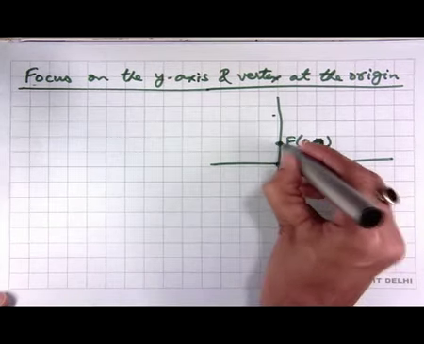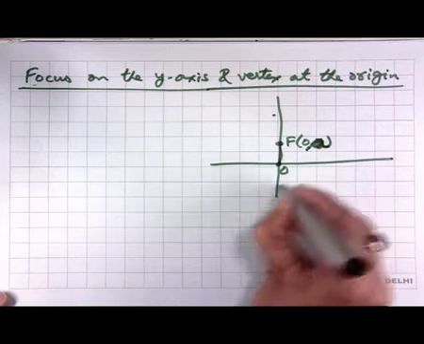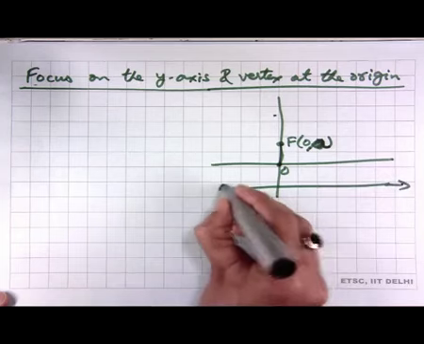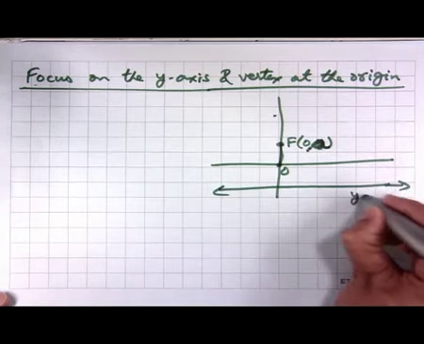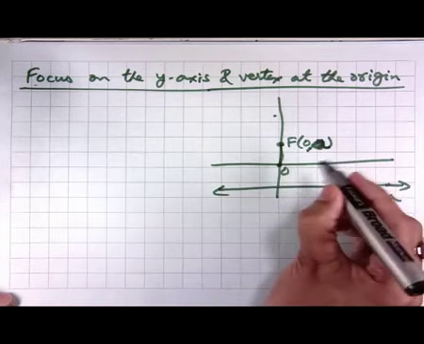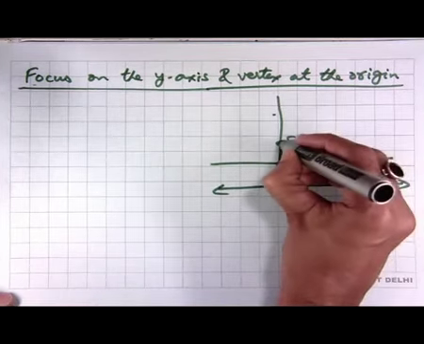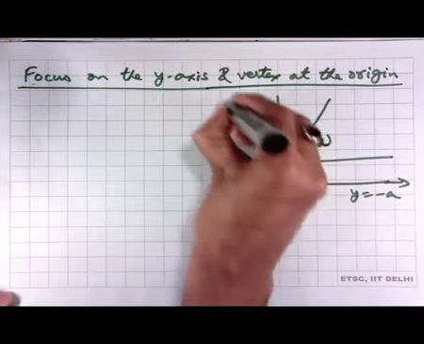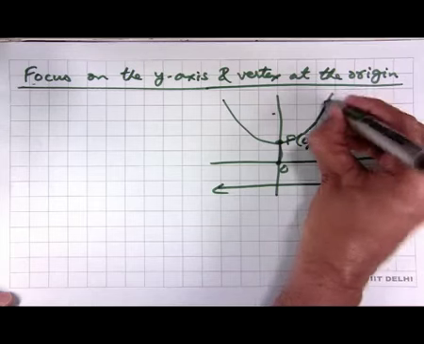If we see the distance of this vertex to the focus, this is equal to a. So, the directrix will be the line y equal to minus a. Now, this parabola will look like this, which opens upwards.